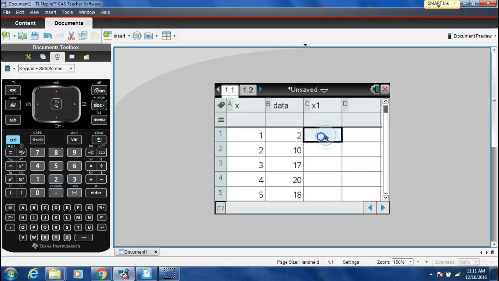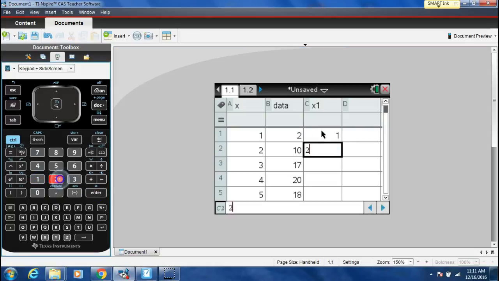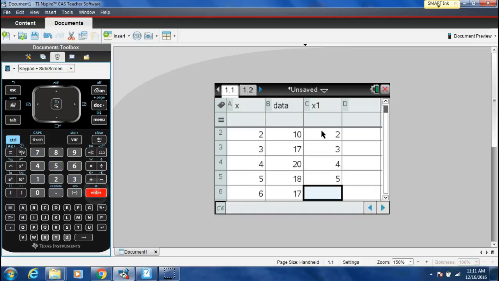Now in there, I'm going to put in those first values of X. We went from 1 to 9, right? So we're going to go 1, 2, 3, 4, 5, 6, 7, 8, and 9.